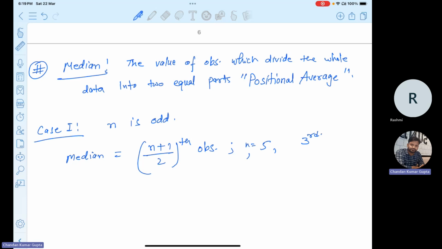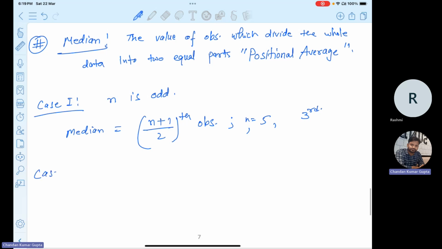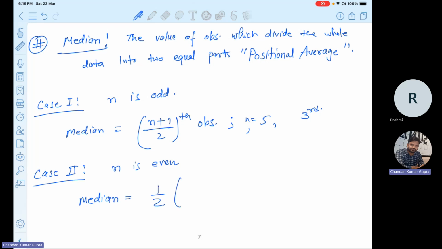This is how we calculate the median when n is odd. When we have an even number of data, when n is even, the median is defined as the mean of the two mid values, that is the mean of the n by 2th observation and the n by 2 plus 1th observation.